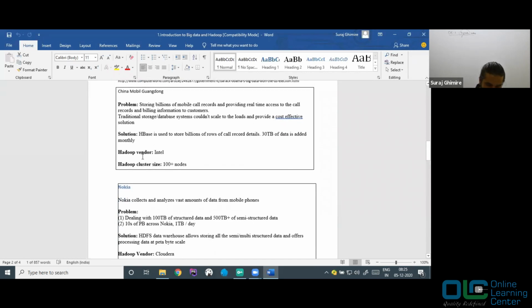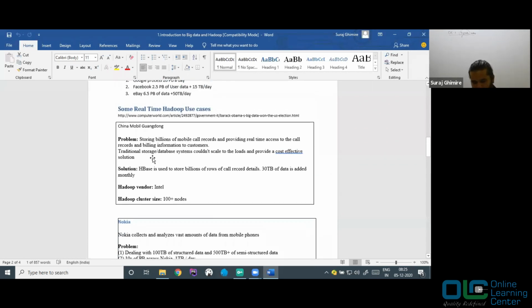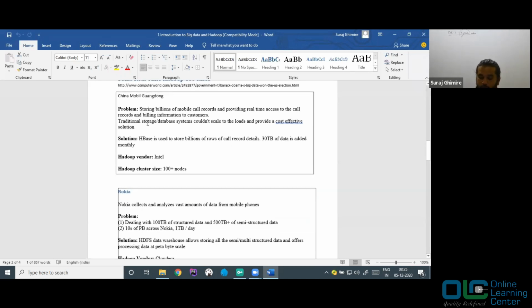Now, similarly, there are some use cases. One popular use case which you might have heard is that Barack Obama used big data to win the U.S. election. He wanted to understand how the people are reacting, and how he could do the campaigning so that he could satisfy most of the users.